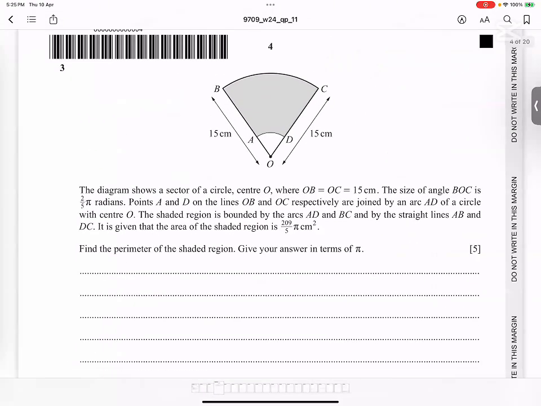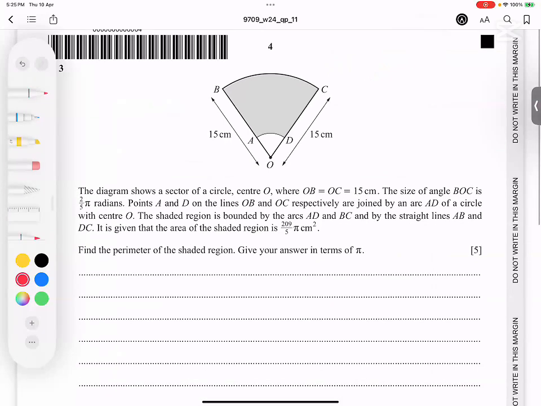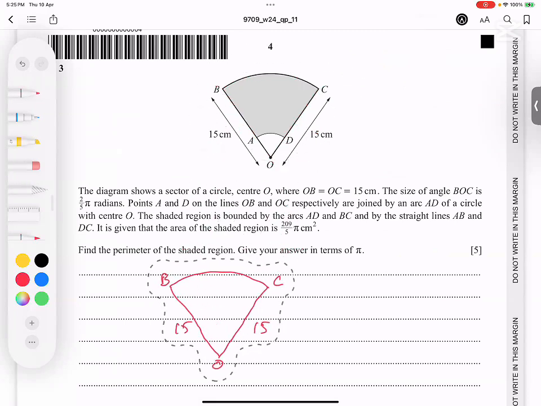Question number 3, we have what? If we look carefully, we have one sector with O, B, C and radius 15. So this is one sector. And the second part, he mentioned clearly, if you read carefully, the angle is 2 by 5 pi given here.